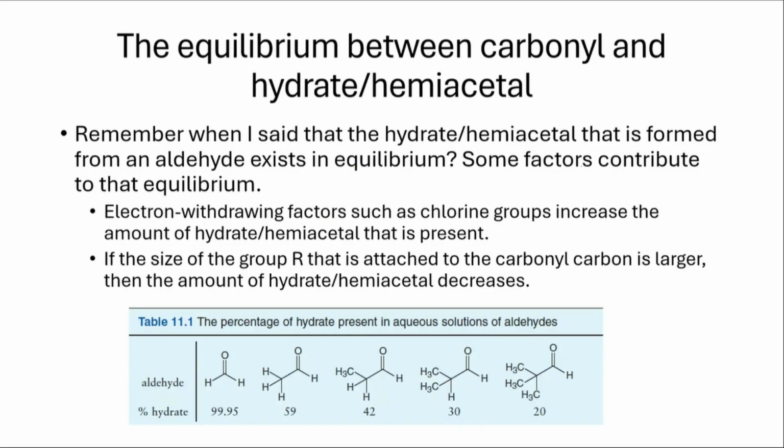If we have something like an electron withdrawing group near the carbonyl, near the aldehyde carbon, such as fluorine bonded to the carbon, we will increase the amount of hydrate or hemiacetal that's present. In addition, if the aldehyde has a larger group R, then the amount of hydrate or hemiacetal decreases. So right here is a table that shows you the percentage of hydrate in aqueous solutions of aldehydes. Right here, this is methanol slash formaldehyde.